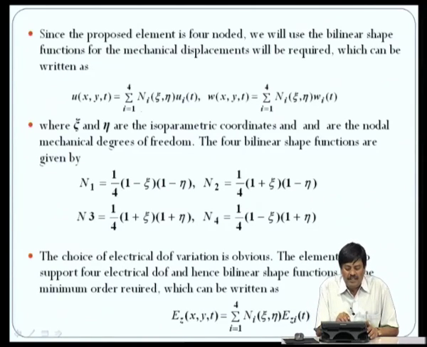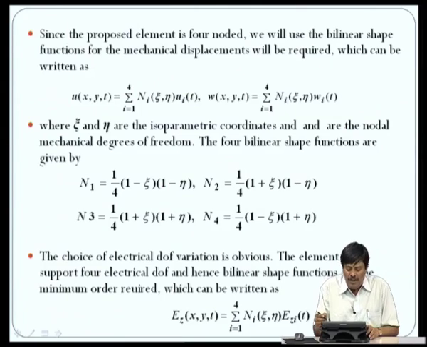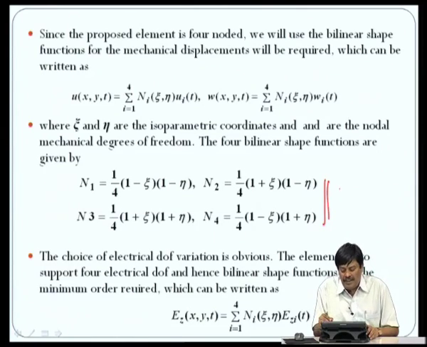So we take u equal to Ni ui, w equal to Ni wi, where ui and wi are the nodal values of the given element, and xi and eta are the isoparametric coordinate system, as I said. We write the shape functions in the isoparametric coordinate system, and these functions, which are given here, were derived in lecture number 29.